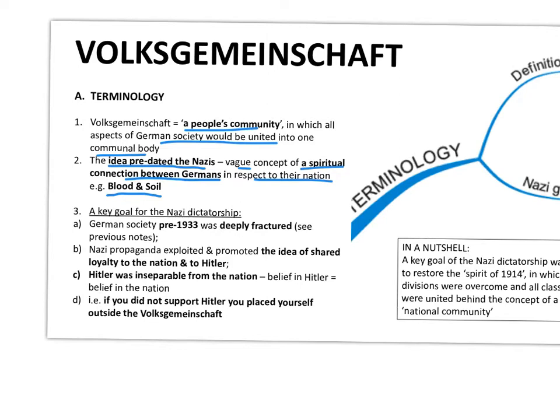The idea is that the Germanness that makes all the German people come together is the bloodline of the German people, and the strength of that bloodline comes in particular from the soil that we exist on.